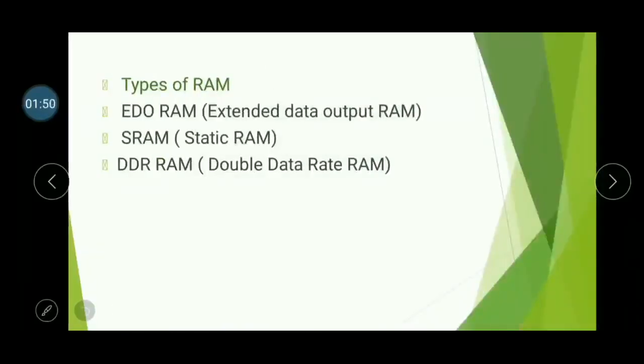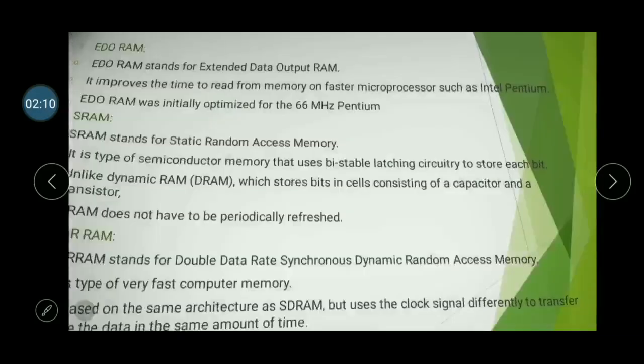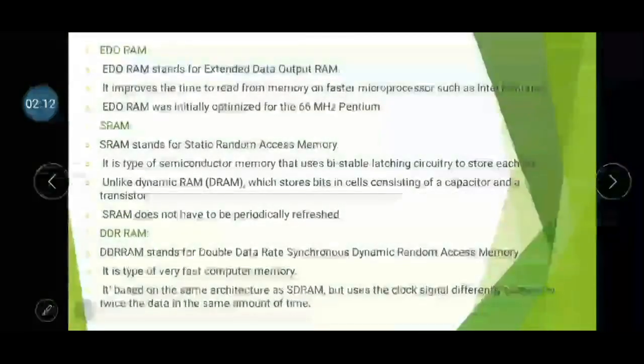Types of RAM: EDO RAM, extended data output RAM; SRAM, static RAM; DDR RAM, double data rate RAM. All these expansions may be asked for 1 mark. First one is EDO RAM.